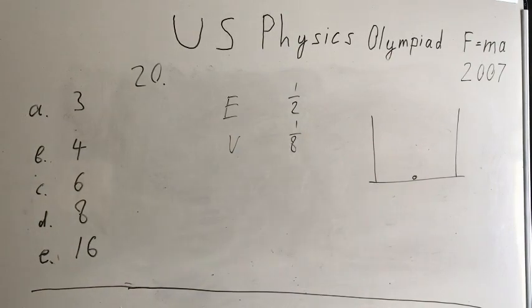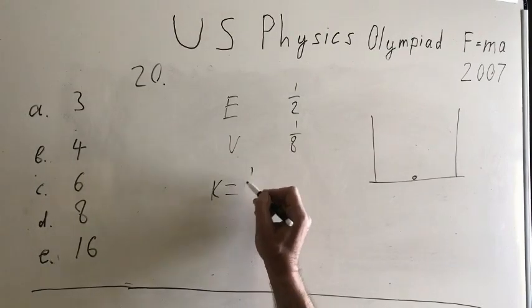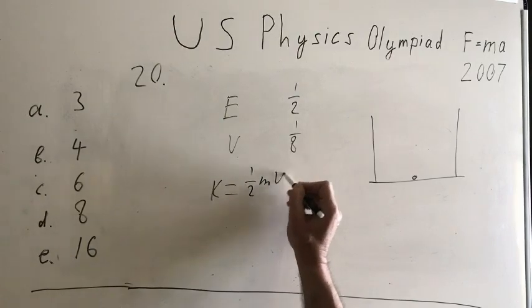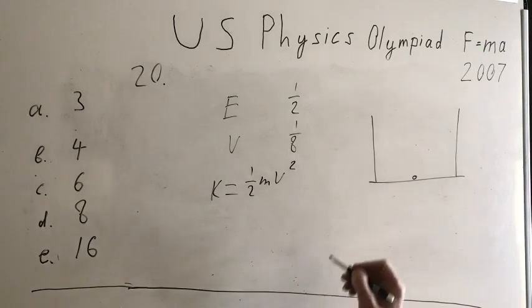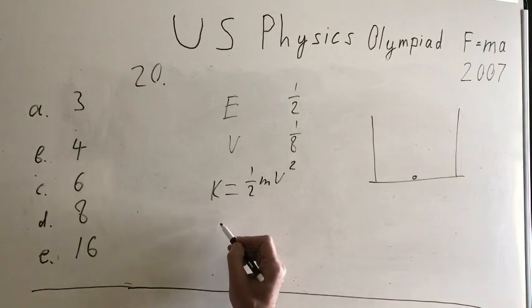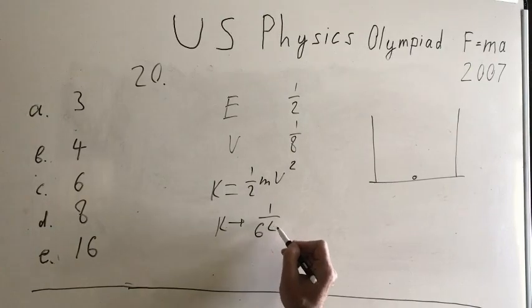To solve this problem we need to write the expression for kinetic energy. That's 1/2 mv squared. So we see that if speed reduces 8 times, it means that kinetic energy reduces 64 times. So we have kinetic energy going to a factor of 1/64.